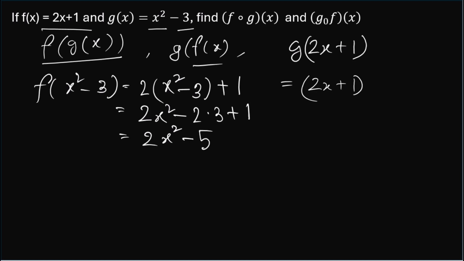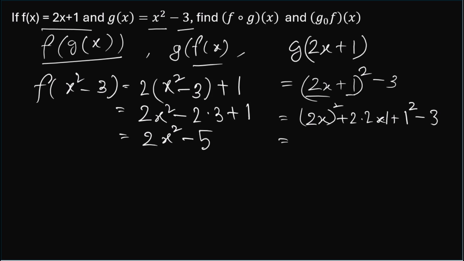So here (2x plus 1) power 2 minus 3. Okay, so here it is (a plus b) whole square: (2x) power 2 plus 2 times 2x times 1 plus 1 power 2 minus 3.